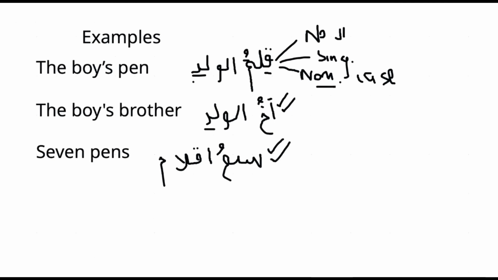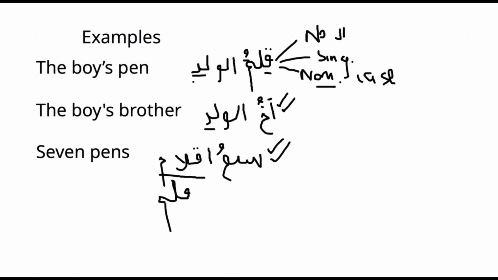But then we said whenever you have a noun, that's the mudhaf, and the mudhaf is counting the mudhaf ilayh, and the mudhaf ilayh is feminine, then the number will be masculine. If the mudhaf ilayh is masculine, then the mudhaf will be feminine. In this case, aqlam, the singular is qalam, and qalam is masculine.